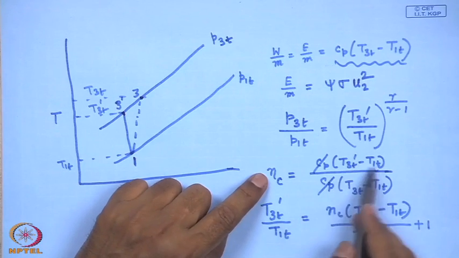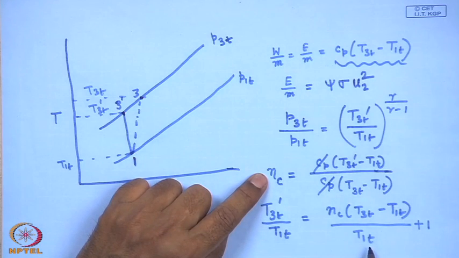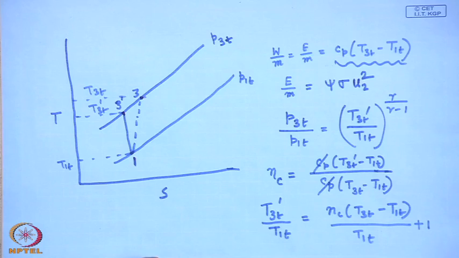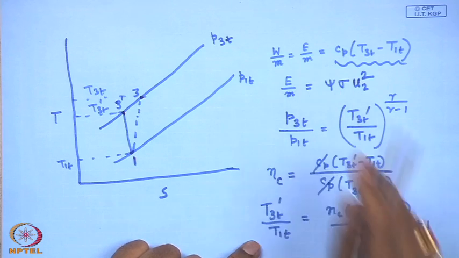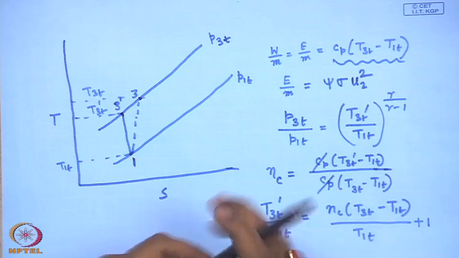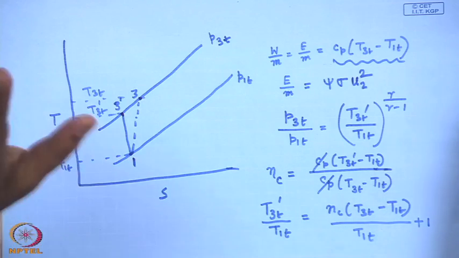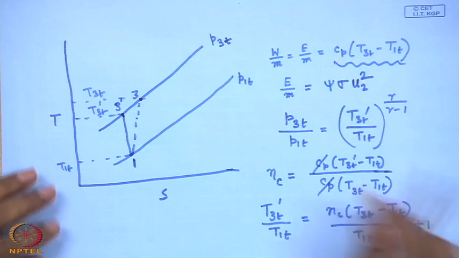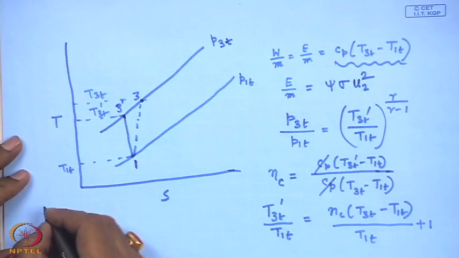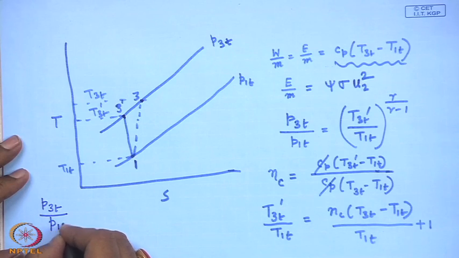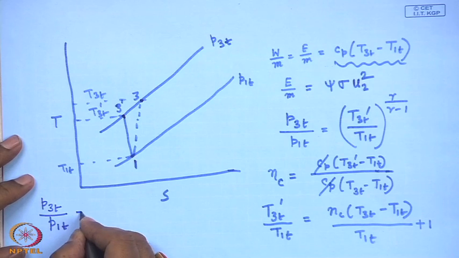Because this divided by T1T is eta C into T3T minus T1T divided by T1T, plus 1. Now, if we use this expression here, then we can write that P3T by P1T equals what?